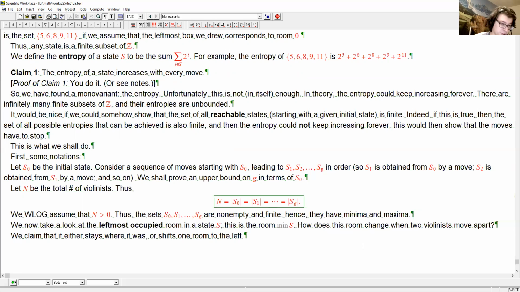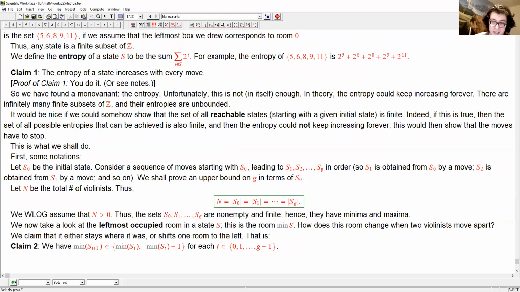There's only these two options. That is, we have that min of S_{i+1} is either min of S_i or min of S_i minus 1, for each i.